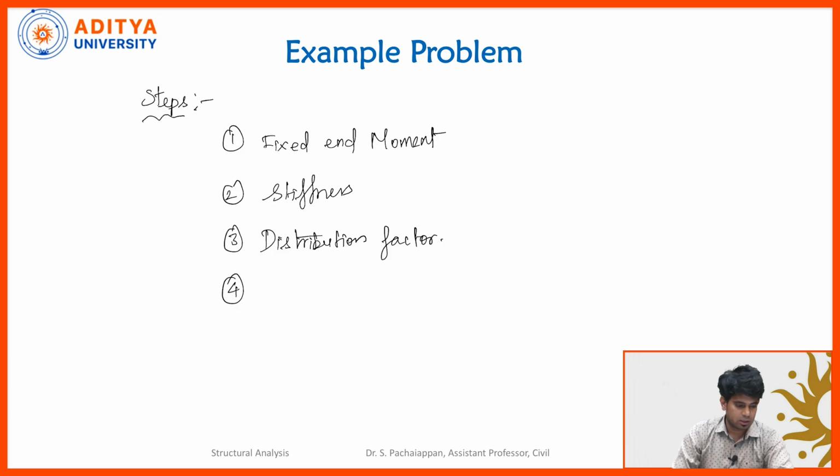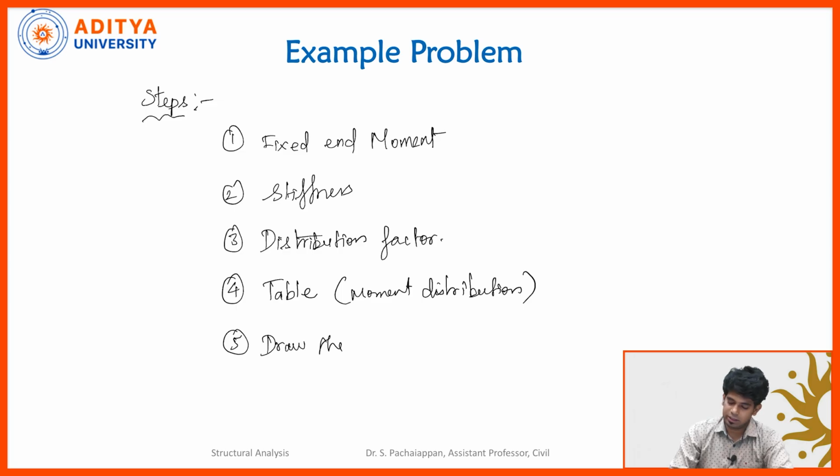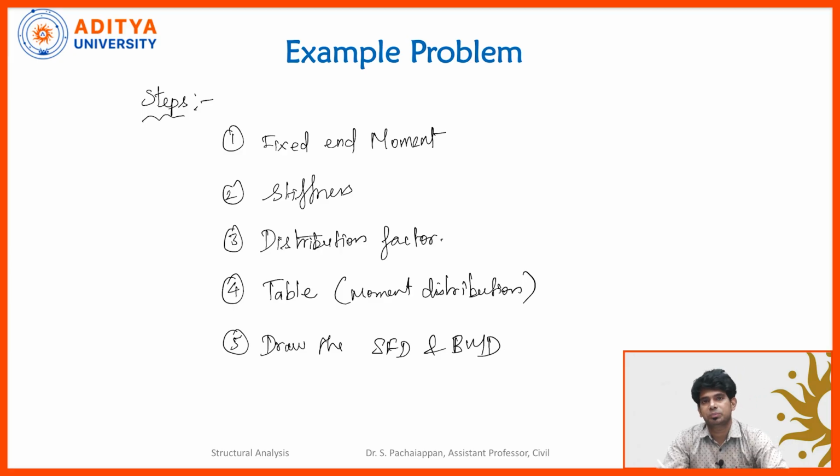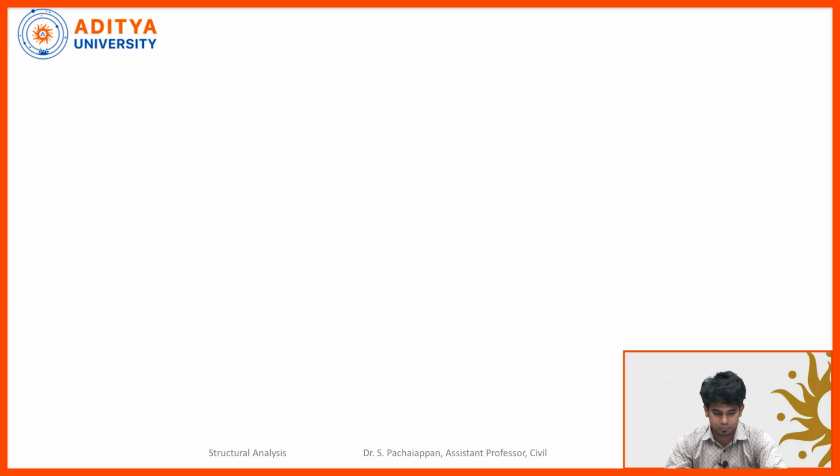Step 4, the moment distribution table. And step 5, we are going to draw the SFD and then BMD. If you follow all these steps, we can solve the continuous beam by using the moment distribution method.